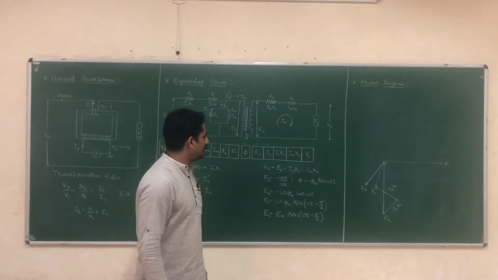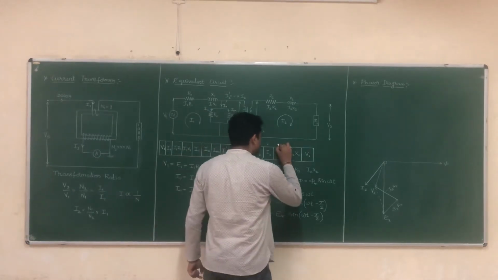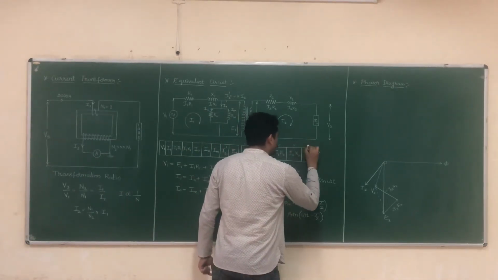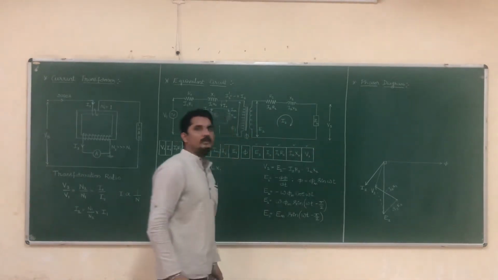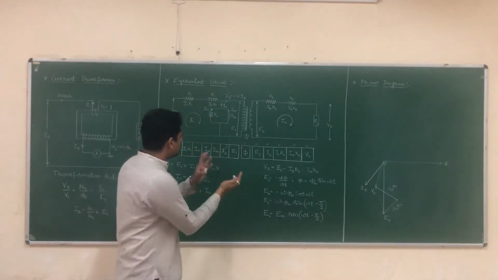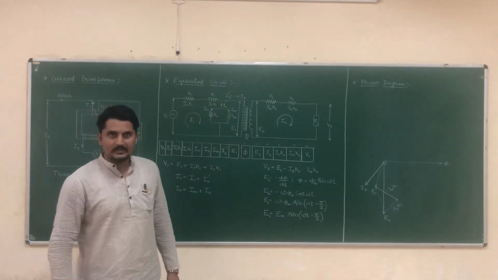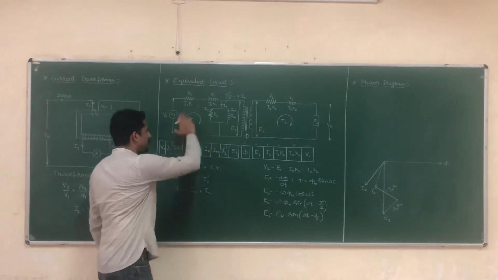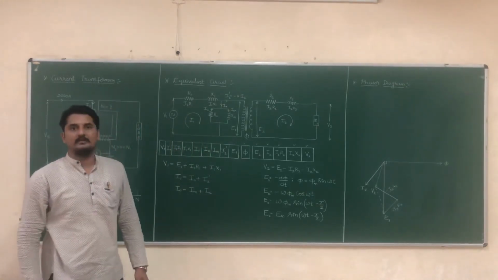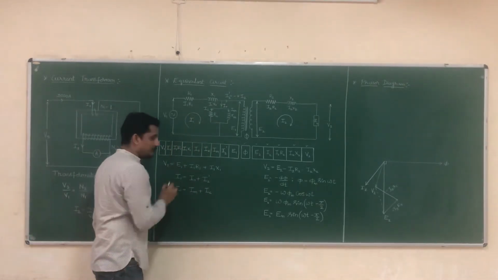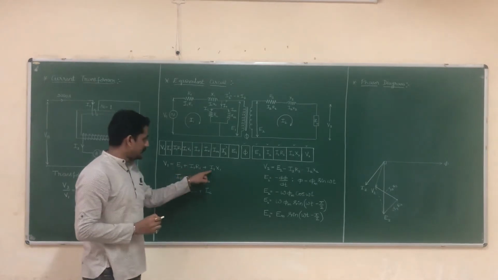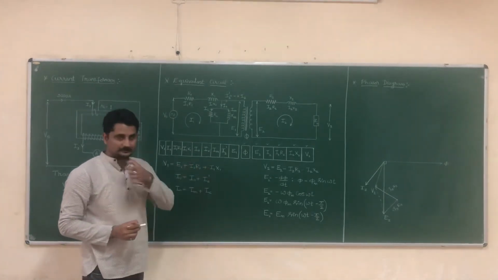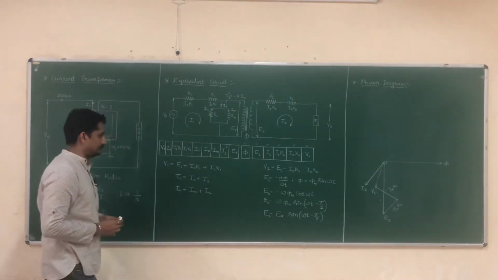Okay. Now here we have represented all the parameters I2, I2 X2 and V2. Now let us move towards the primary end. What is the KVL? If I apply KVL for the primary side, V1 will be equal to E1 plus I1 R1 plus I1 X1.